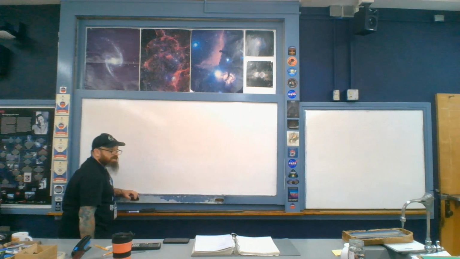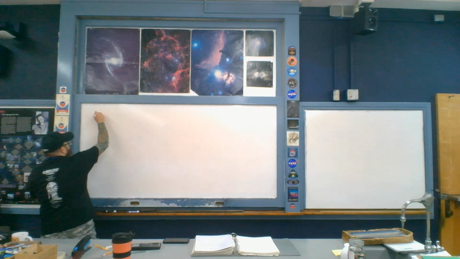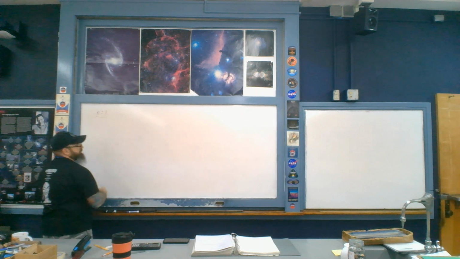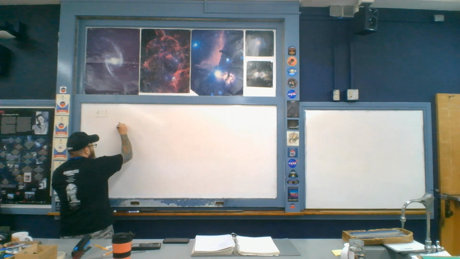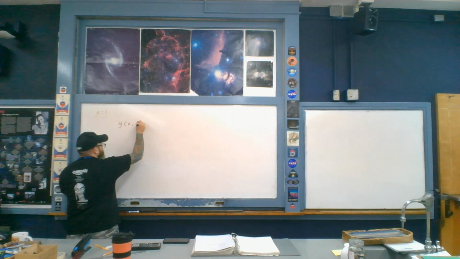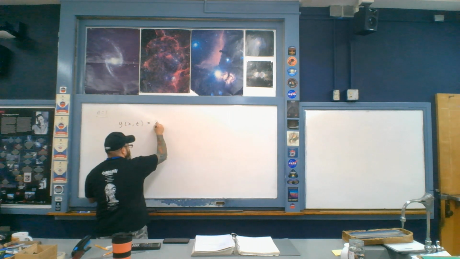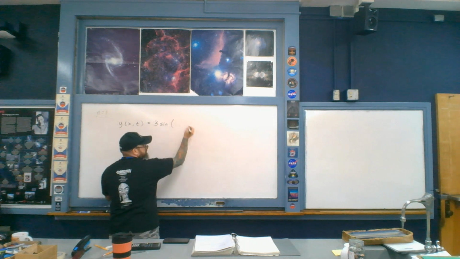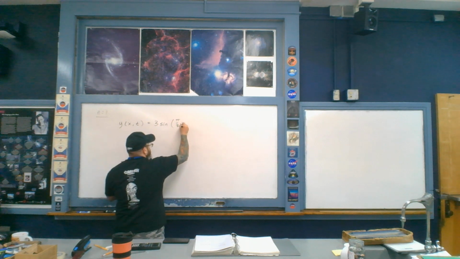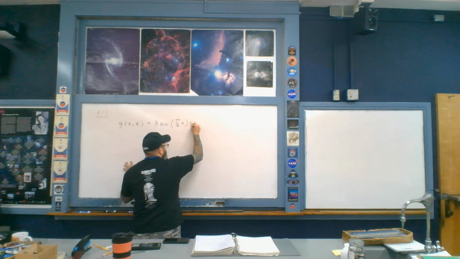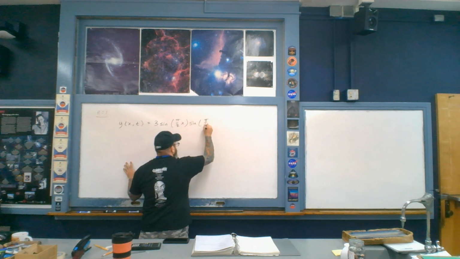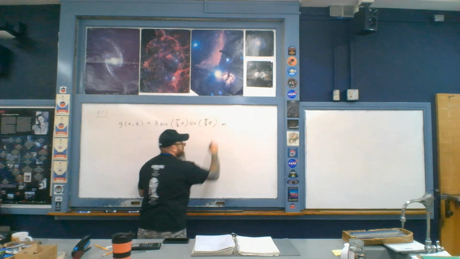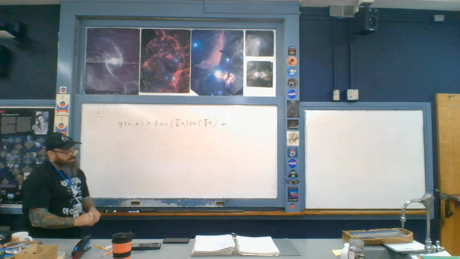All right, so let me go ahead and copy down the problem. We're specifically given that the standing wave is for n is equal to 1, and here's our kinematics equation. And it's all in terms of meters, like so.